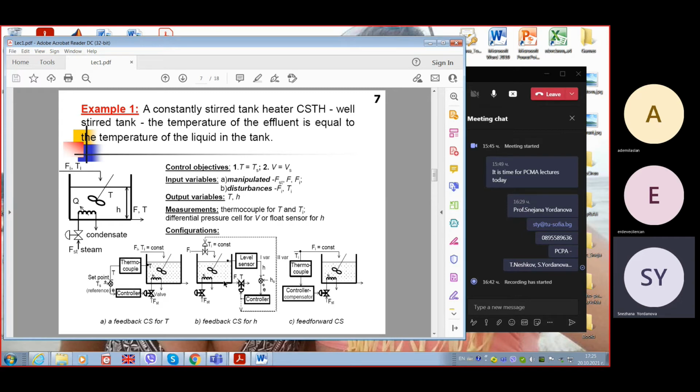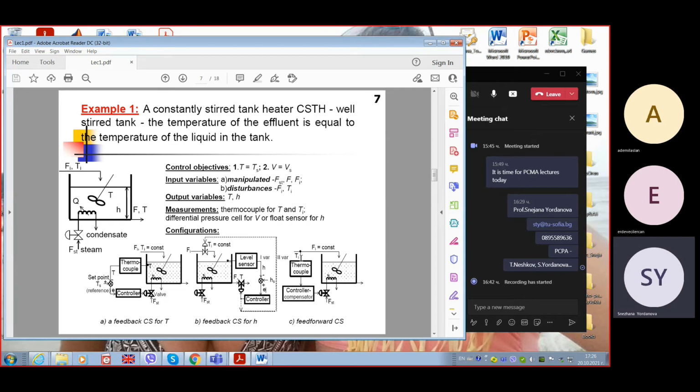But for the same increase of level, if we use this variant, we have to increase the opening, not decrease, but increase. So different control action to have the same effect on level. So if input and output are connected this way, we have a feedback system, closed loop system. We can have also open loop system.